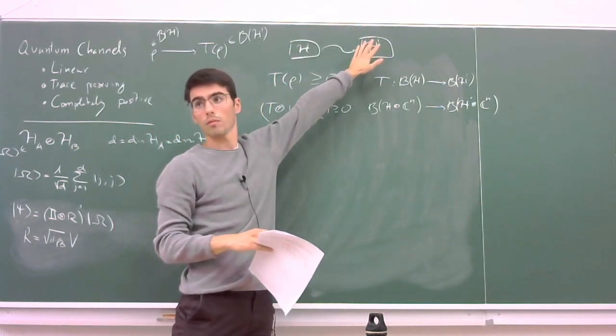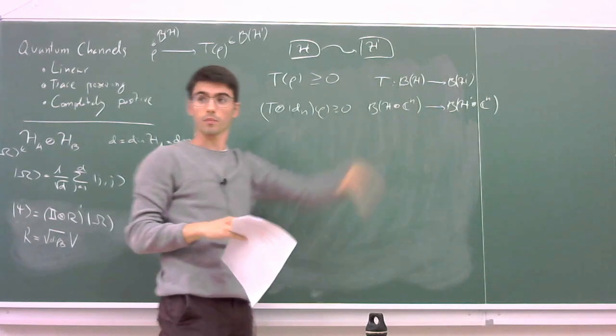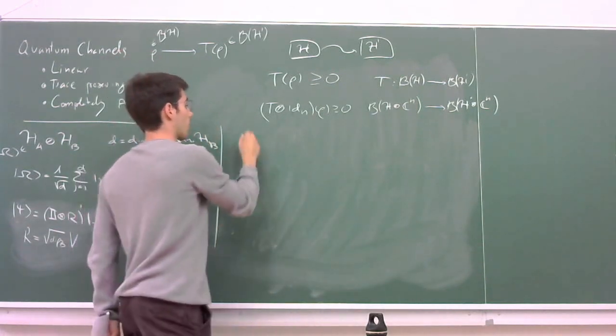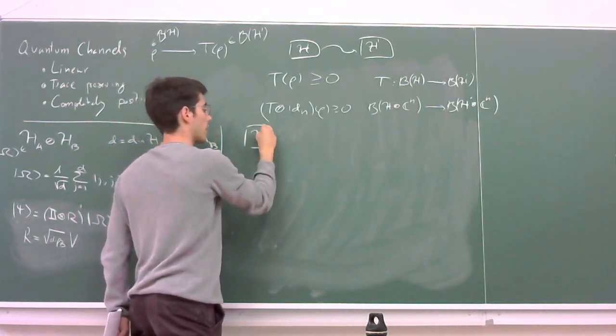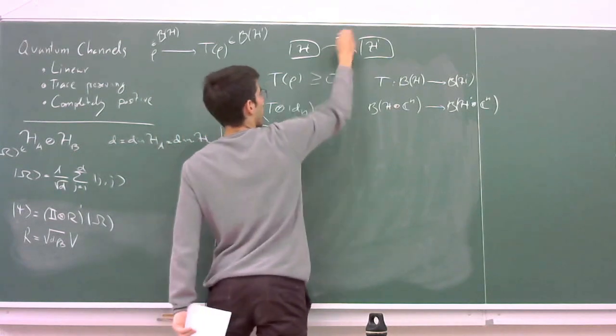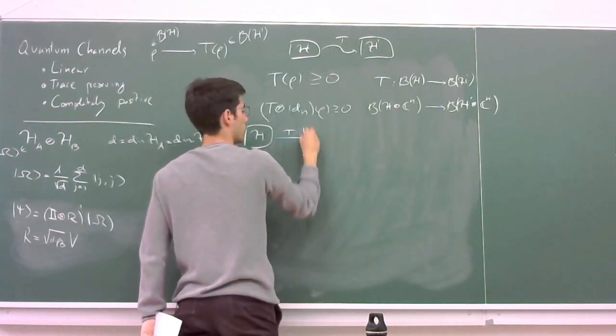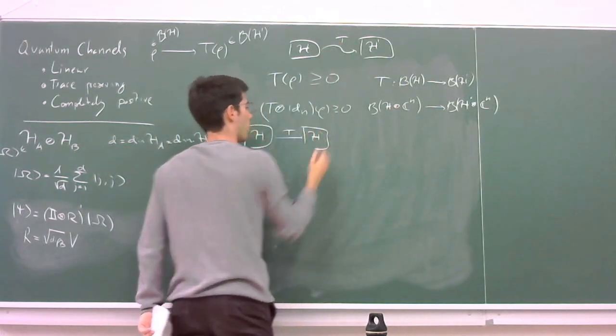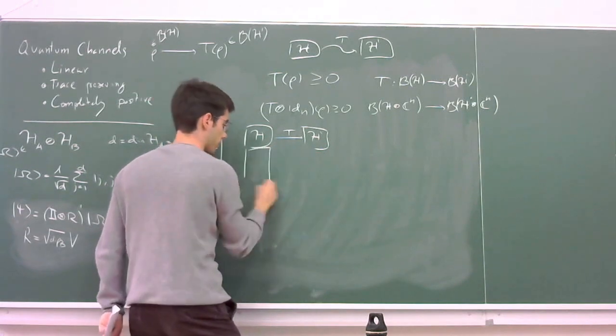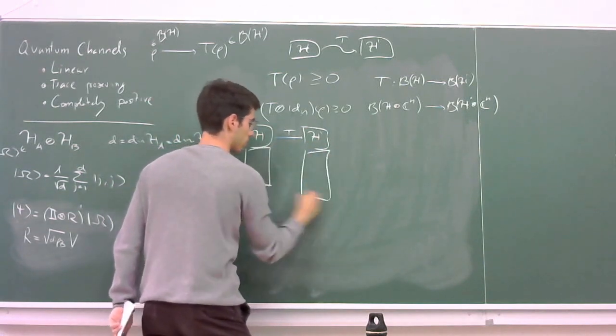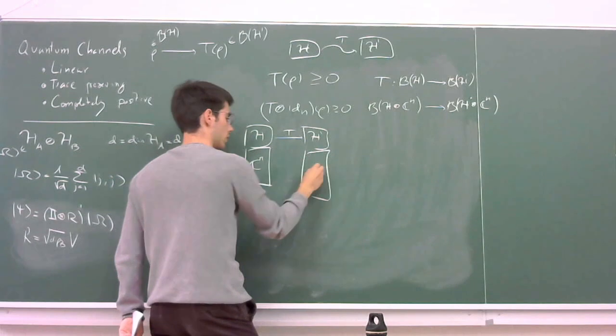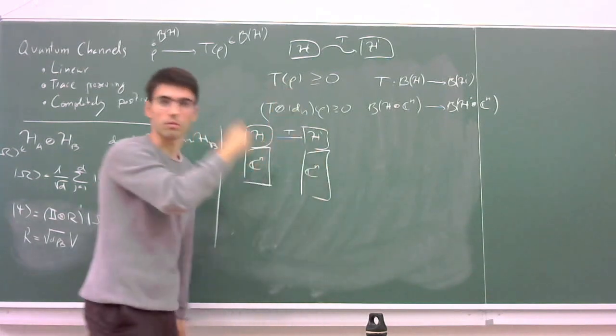Okay? Now what we are considering is what happens if to this channel, whose evolution you have described with this map T, now you append some other system which is n-dimensional in general, okay?